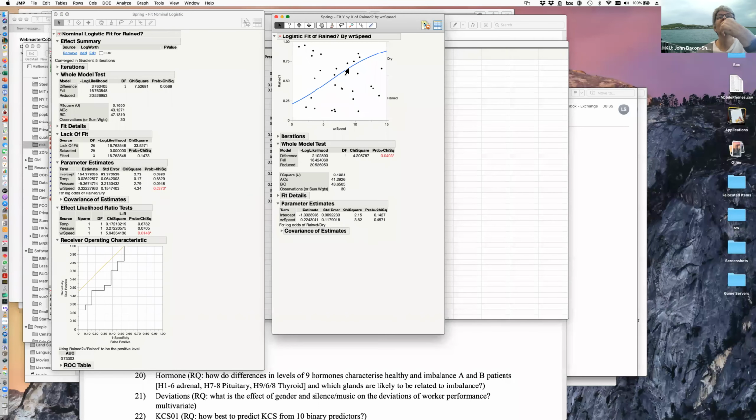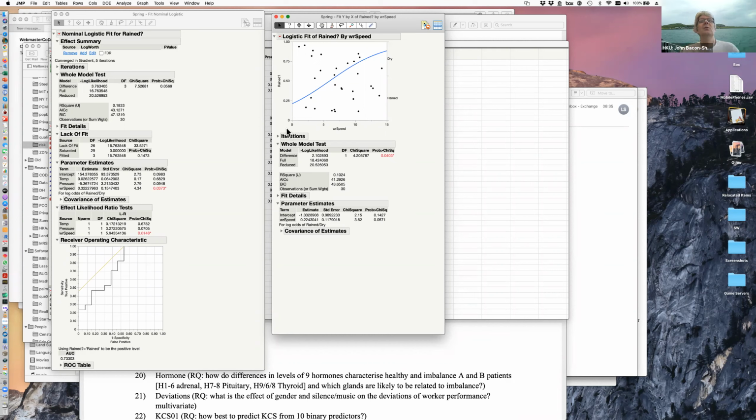But the nice thing is here, this little graph shows us as the wind speed goes up, the probability of rain goes up relative to the probability of dry. So this is not a linear curve because it's linear on the log ratio scale, right? So this is plotting it, showing us the probability of dry and rained, not the log ratio of those two. That's why it is curved.